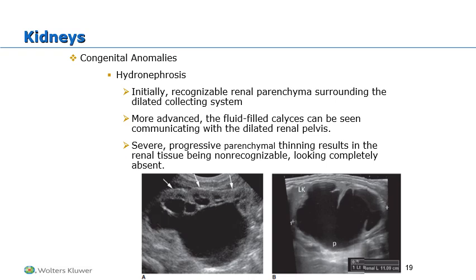This pressure of that fluid is also going to compress on the vascularity of that area, and ultimately function is going to be decreased because it's not getting good oxygen and nutrient supply with vascularity. Those cells are going to start dying, and it can ultimately lead to complete renal failure on this side, and atrophy and non-functioning of that kidney.